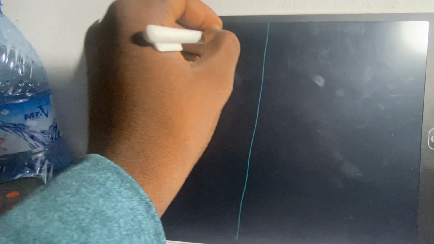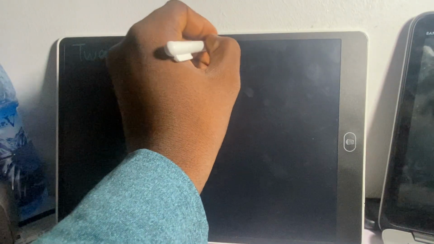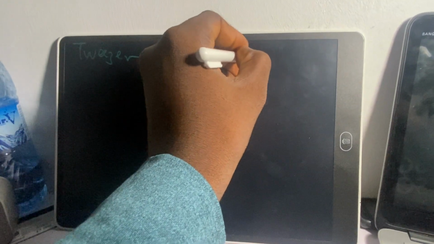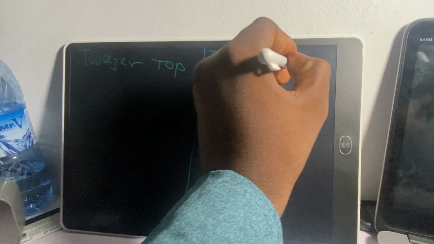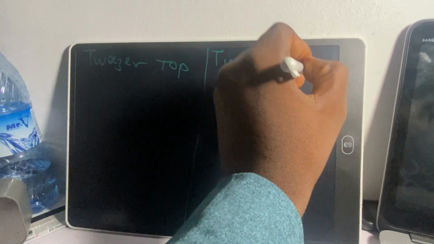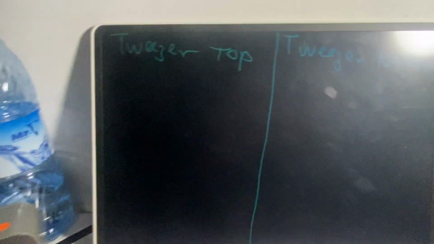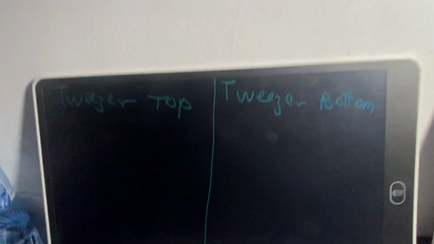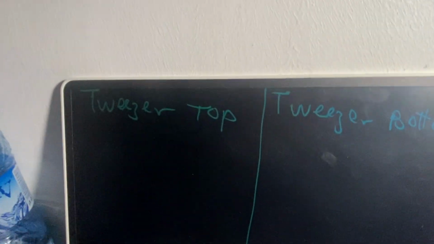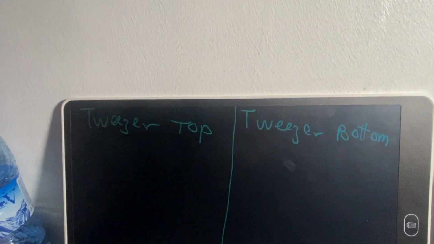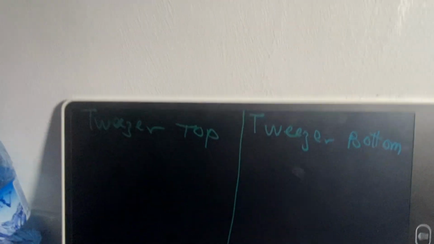We have the twice top here. We have a twice bottom here. The twice top and bottom are reversal candlestick patterns too. They consist of two candlesticks as well. So don't forget now we have two.